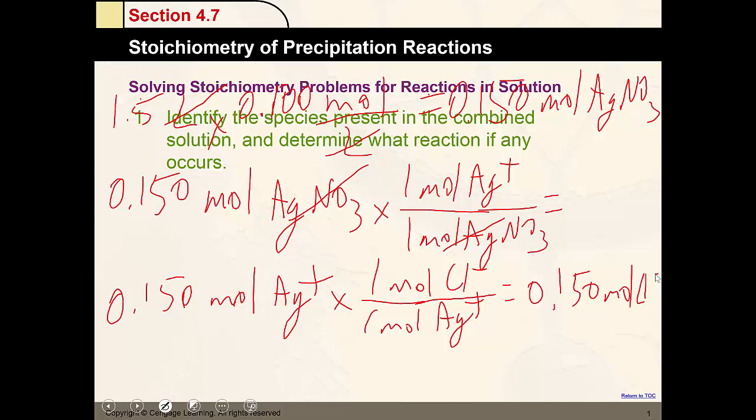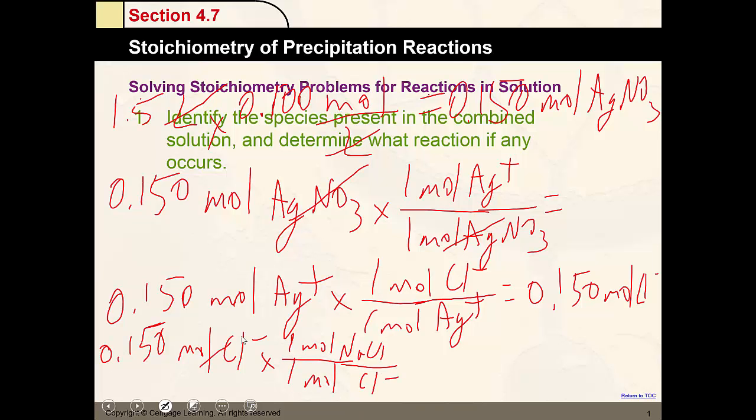And then now from that, we convert our moles of Cl-, the chloride ion, to grams of NaCl. And same thing here, we look at the molecular formula of NaCl, sodium chloride. And in NaCl, there's 1 chloride anion. So that's a 1-to-1 ratio.